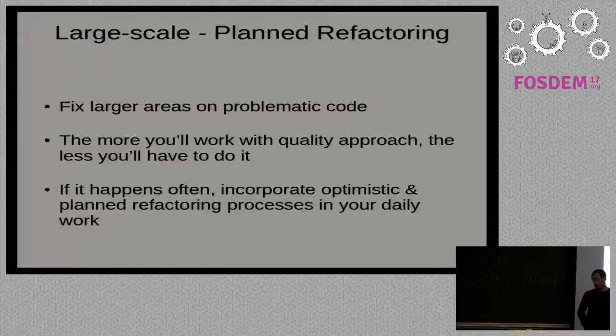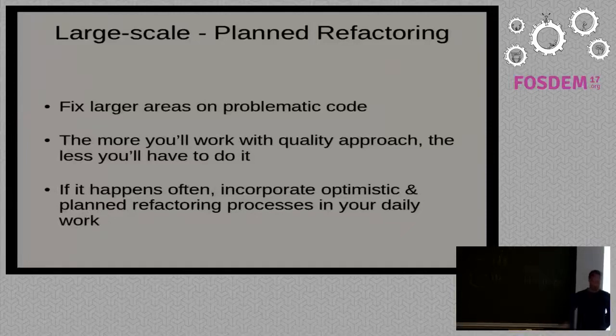And if you have that much code to refactor in each planned refactoring, it means you will really have to put in place some little pickup refactoring or planned refactoring in your workflow.